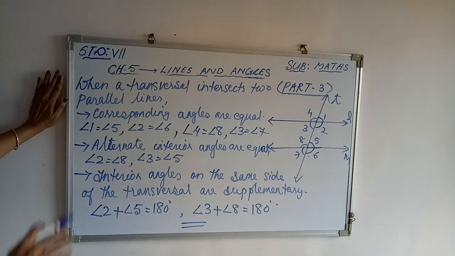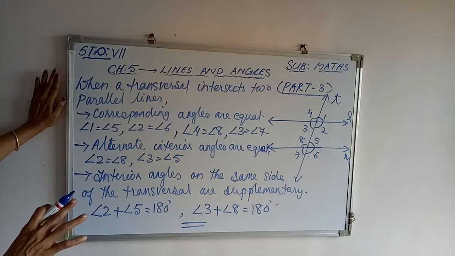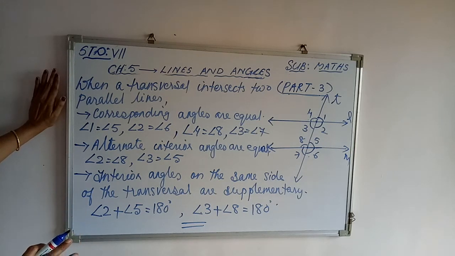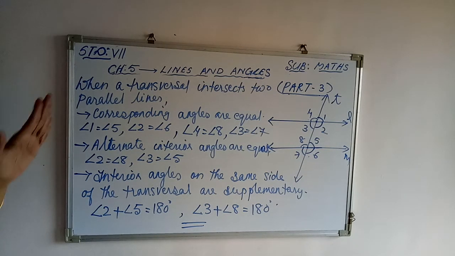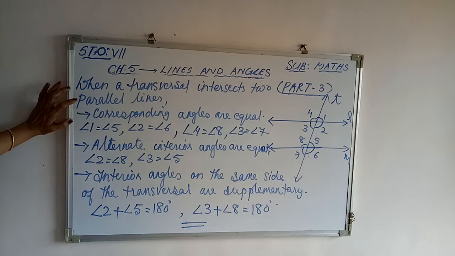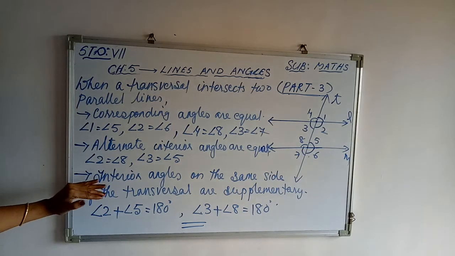And if these conditions are satisfied in any two lines, for example, there are two lines given and there is a transversal, and you are asked to check whether the given lines are parallel or not, how will you check it? In that given lines, if the corresponding angles are equal or the alternate interior angles are equal, and if the interior angles on the same side of the transversal are supplementary, we can say that the given lines are parallel. Is that clear?